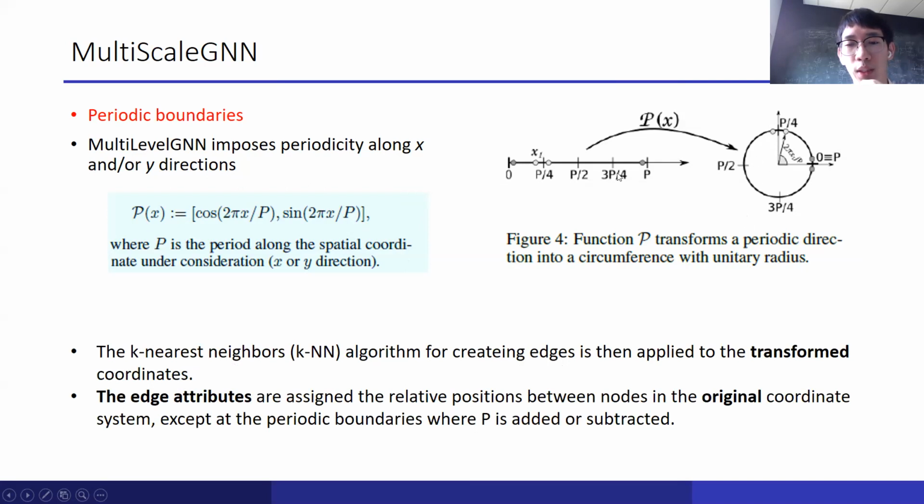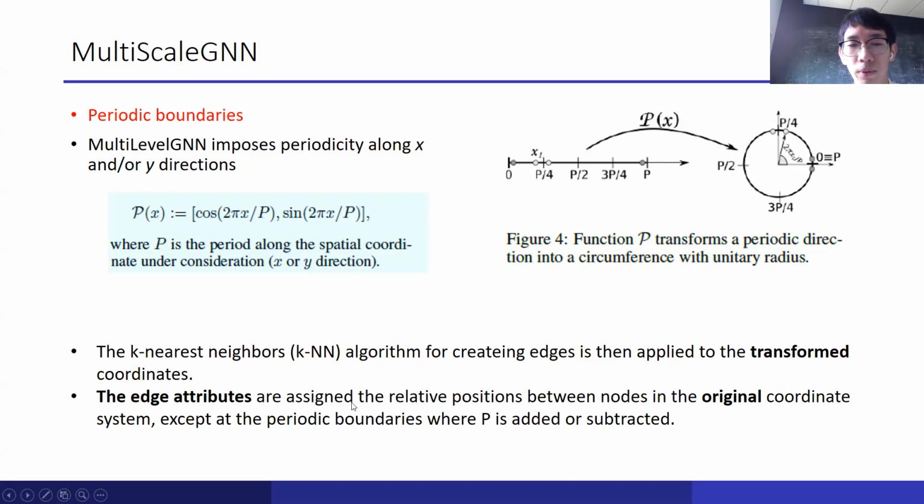Because if we apply the KNN algorithm to these coordinates, we will not have a connection between the nodes at 0 and the nodes at P. But if we apply the KNN algorithm to these coordinates, these two nodes will be connected, and there will be an edge between them.